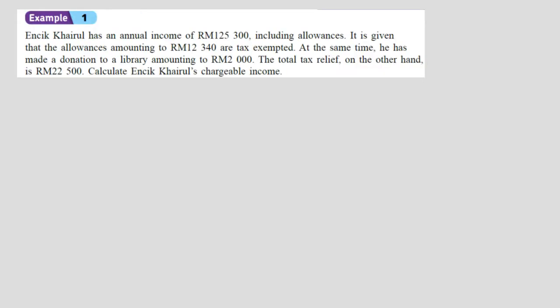Okay, now with that knowledge, we can calculate the chargeable income. Do you still remember the formula? Chargeable income: your annual income, you have to minus tax exemption and tax relief.